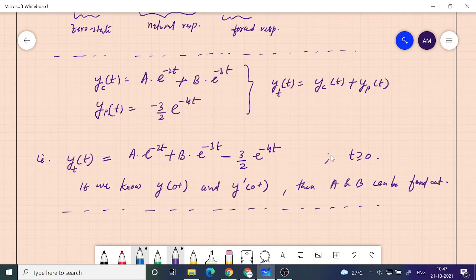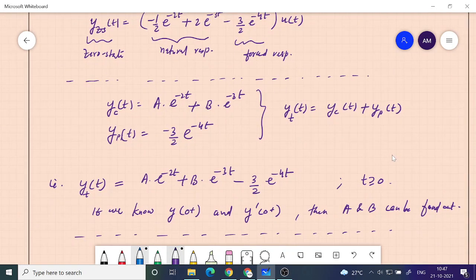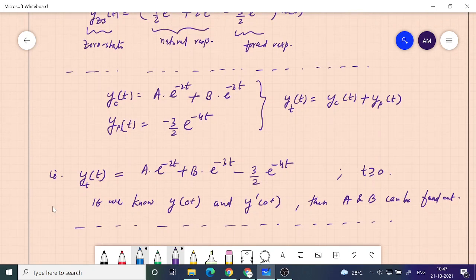So if what is given in the question is 0 minus, then from 0 minus you need to find 0 plus. If it is a circuit, then the job is quite easy, because you know how the capacitor voltage behaves in the circuit. It cannot change abruptly if you apply a finite input. The only exception is if you apply an impulse input.